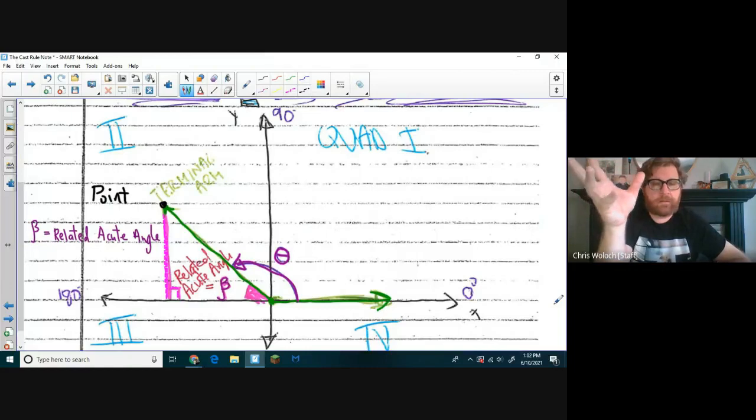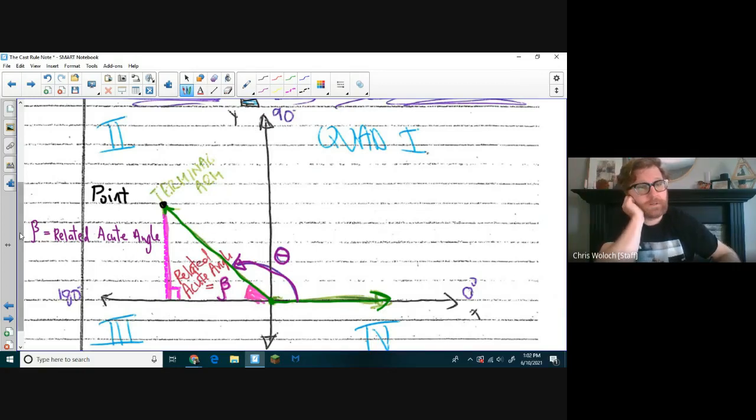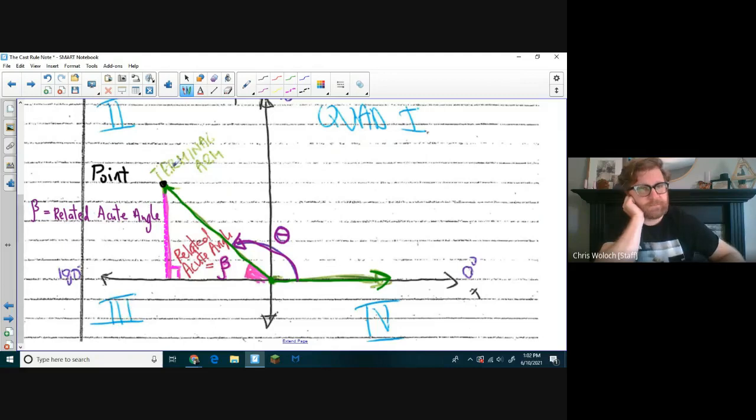So every terminal arm that swings in quadrant 1, 2, 3, or 4 will have a related acute angle associated with it. And if you look here, this is quadrant 2. Quadrant 3 is between 180 and 270. And then 270 and 360 is quadrant 4.